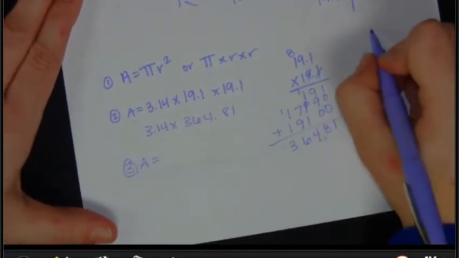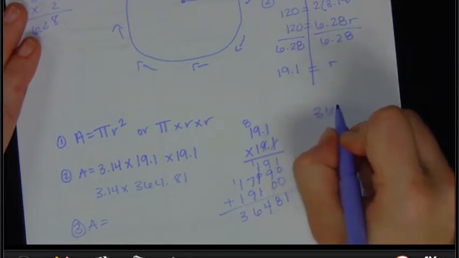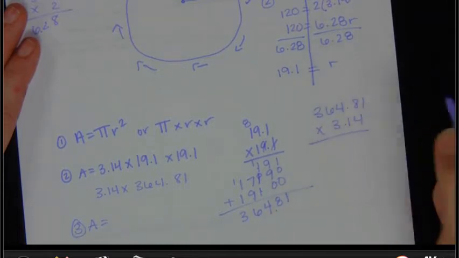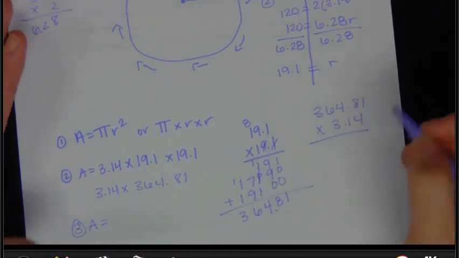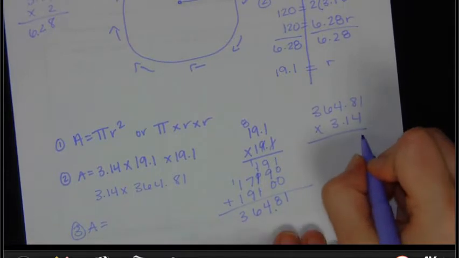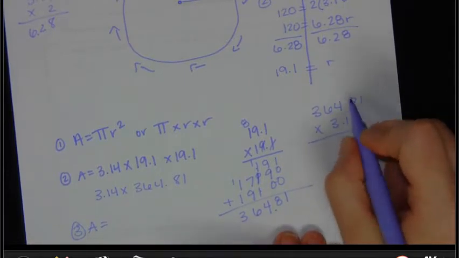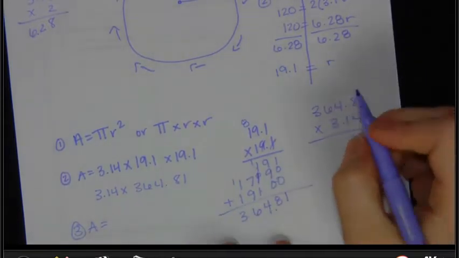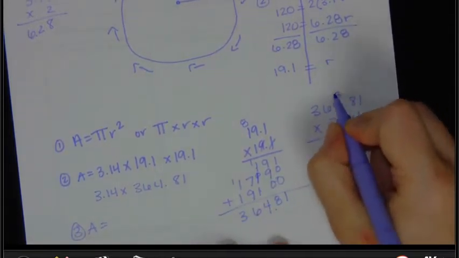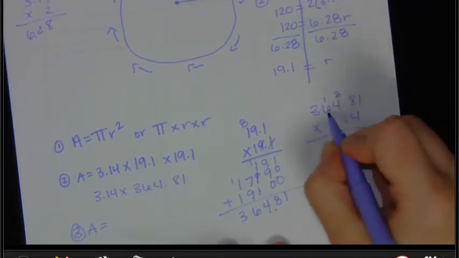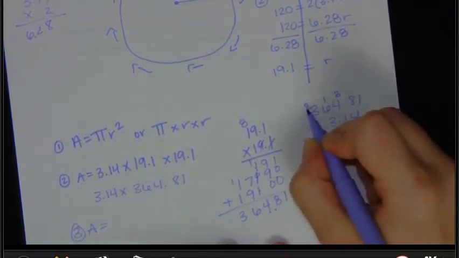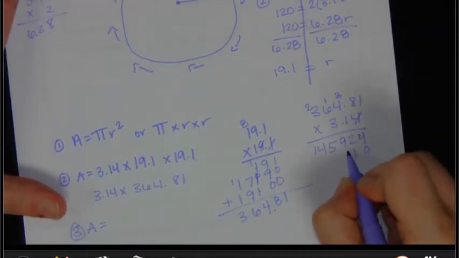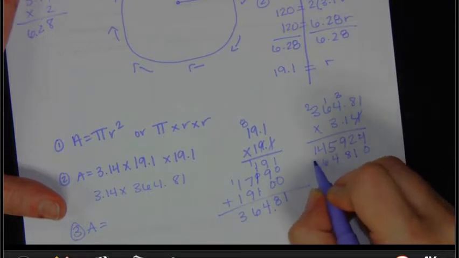All right, let's start over here. 364.81 times 3.14. Now, do I have to line up my decimals when multiplying? No. This ends up lining up just great, which is okay. So 4 times 1 is 4, 4 times 8 is 32. Done with the 4 placeholder. Now I've got one that's pretty easy, 1, 8, 4, 6, 3.